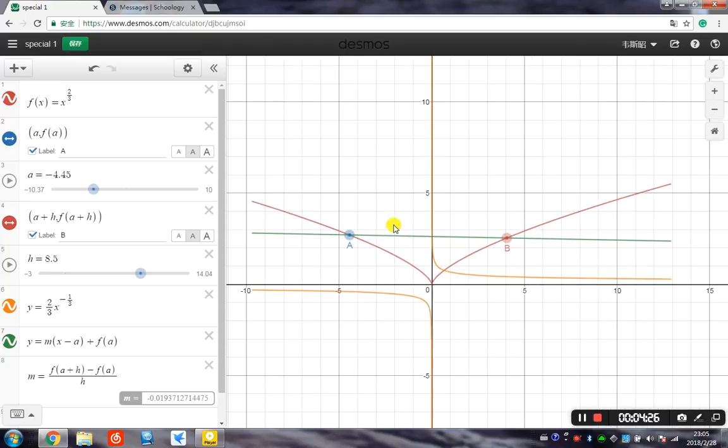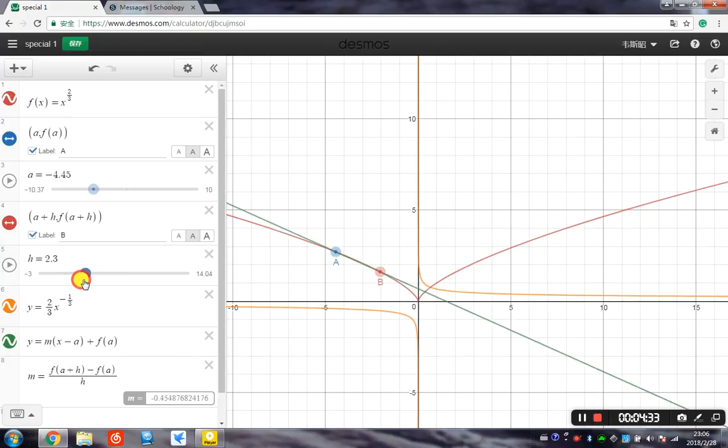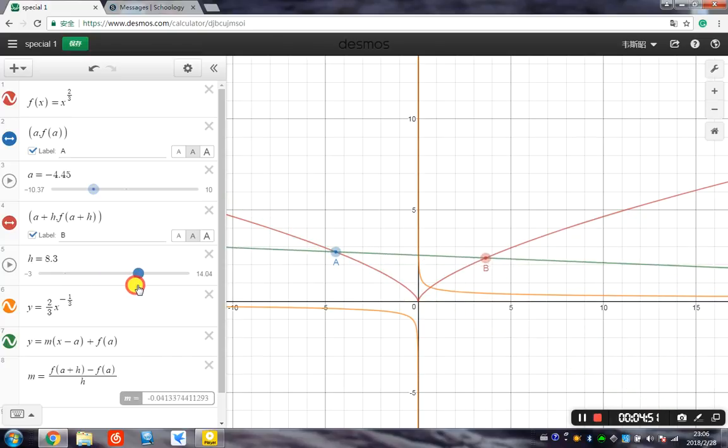But for this one, the limit does not exist, because only in this part is the secant line approaching the tangent line, but after this it's not approaching anymore, and here it's approaching again. So we don't know what the limit is, so the limit does not exist in this function.